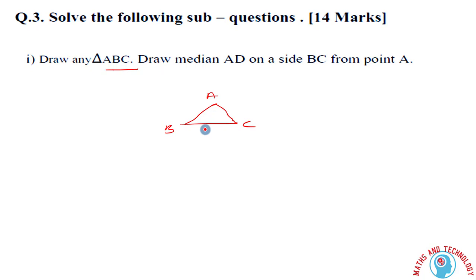Find the midpoint of BC by taking a distance greater than half of BC and take the midpoint D.